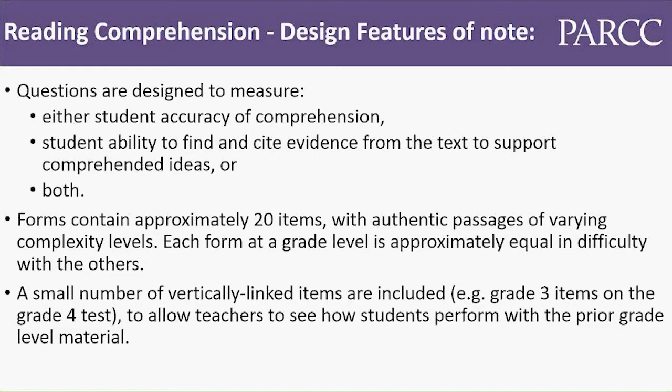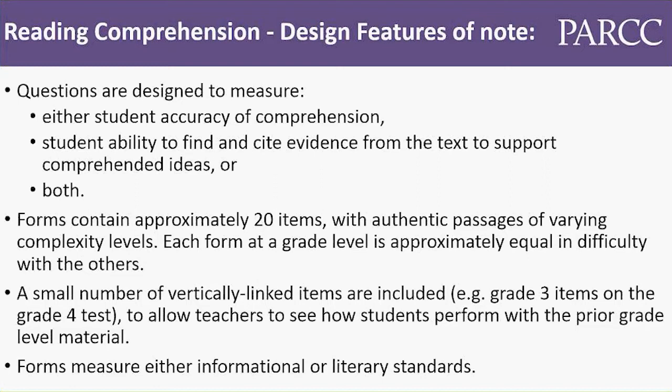And this allows teachers to see how students might perform with prior grade level material. Starting in 2016, we will have an adaptive assessment rather than a fixed form assessment, and those vertically linked items will only be viewable by students who are struggling to answer the grade level items with accuracy and evidence.